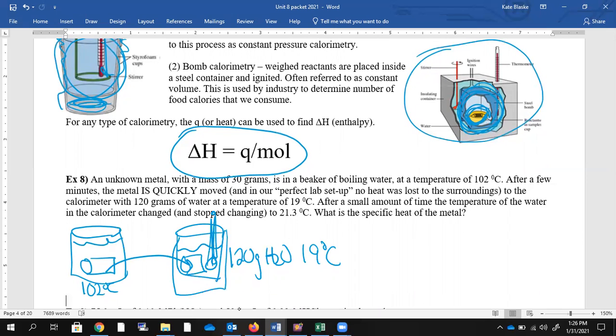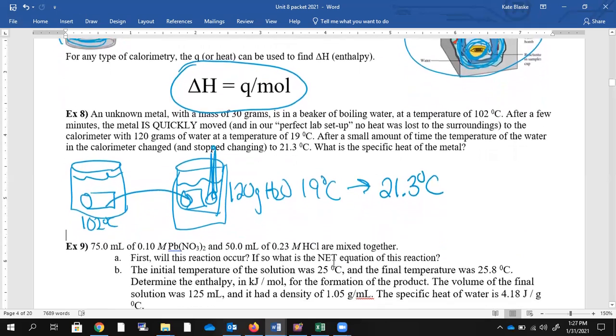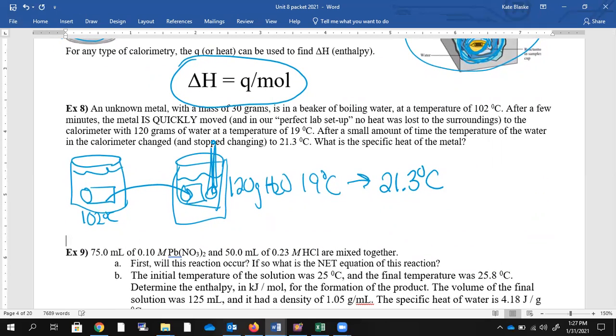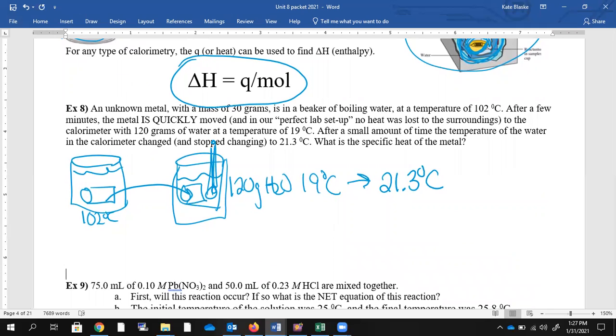After a small amount of time, the temperature of the water in the calorimeter changed and stopped changing at 21.3 degrees Celsius. So then it says, what is the specific heat of the metal? So go ahead and take a minute and see if you can figure this out. There's a lot going on in this question. A lot of different temperatures, a lot of different numbers. Try to keep track of what everything is.